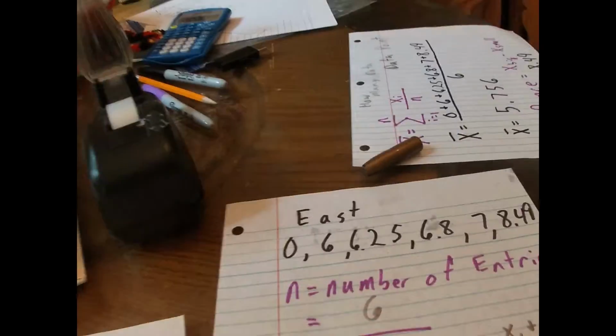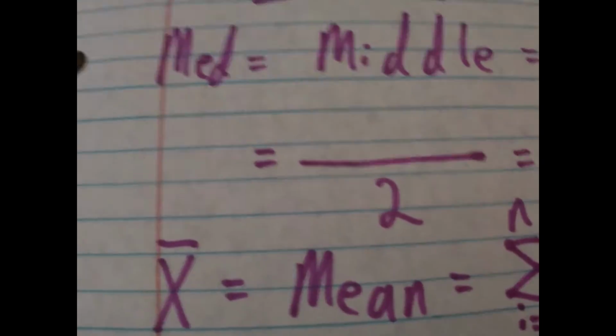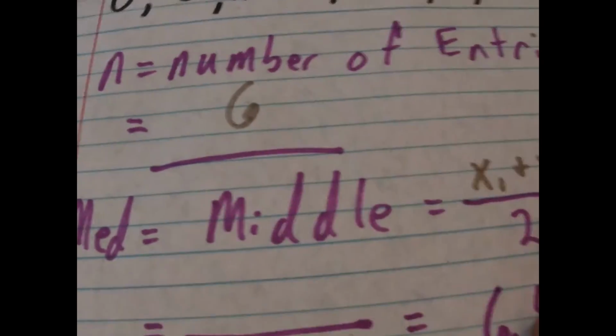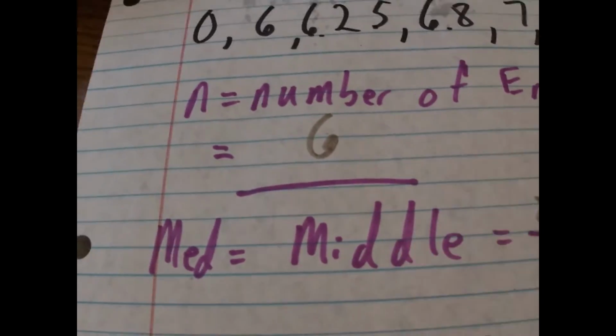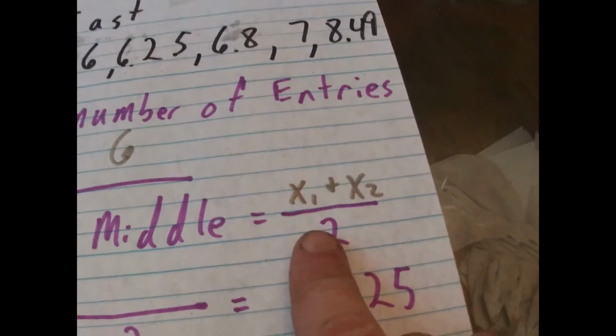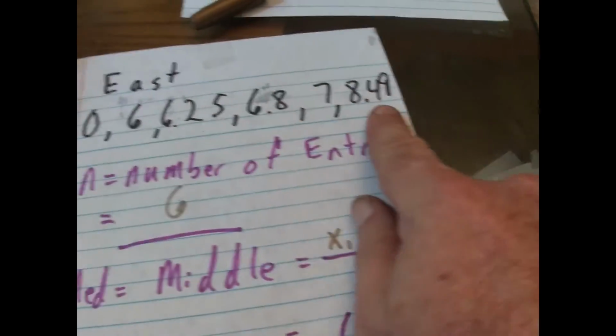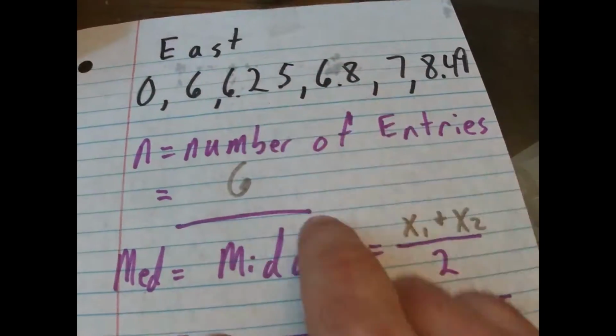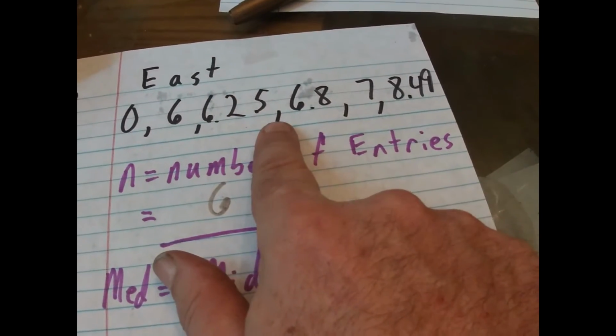The next thing it asks you to do is to find the median. Now the median of course means middle basically, and you would go to the middle number, but since this is an even number set, the middle is this comma.